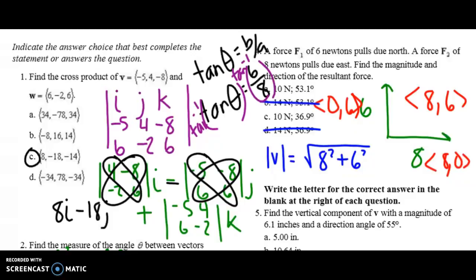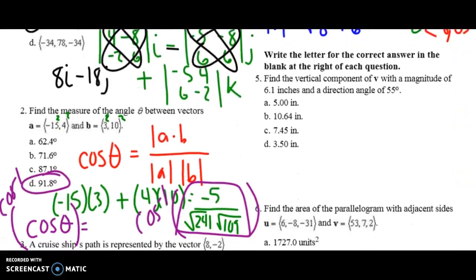The tangent inverse of 6 divided by 8 is 36.9 degrees. So the correct answer is C. It has a magnitude of 10 and an angle of 36.9 degrees.